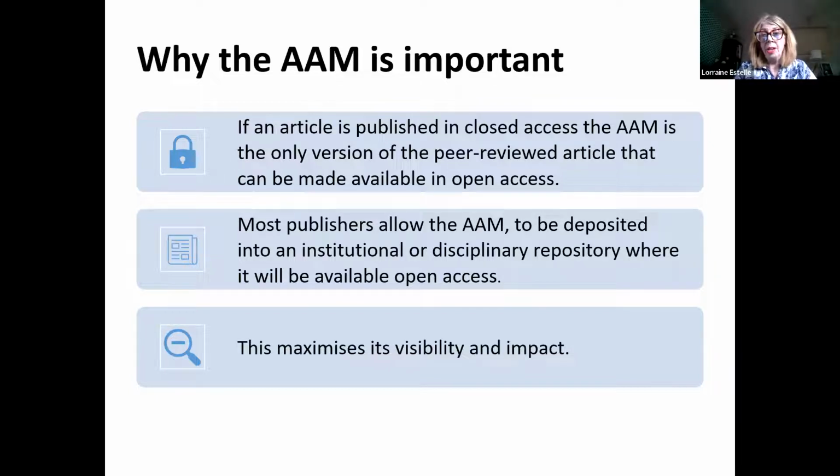But still, many authors are publishing in closed access because, for one reason or another, from their journal or the discipline, they're not able to publish in open access. So the AAM is the only version of that type of article that can be made available open access in a repository.